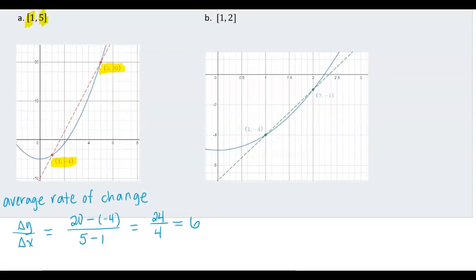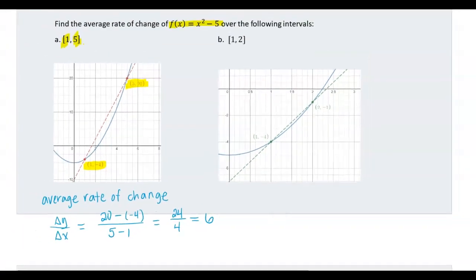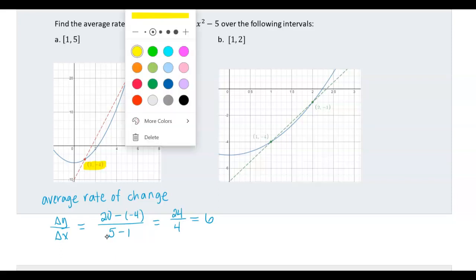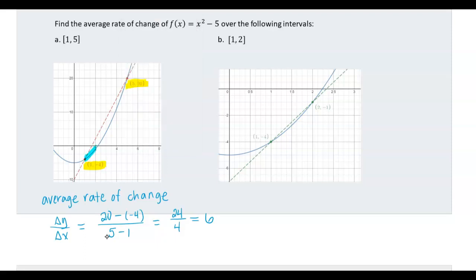Here's another example, zoomed in, same exact function, but zoomed in. In this case, we're going between the points 1 and 2 instead of 1 and 5. So we're in this part of the graph instead. Looking at the graph on the left, now we're going to this part of the graph, right? Just a smaller portion of it.